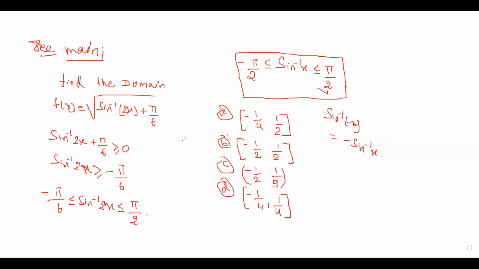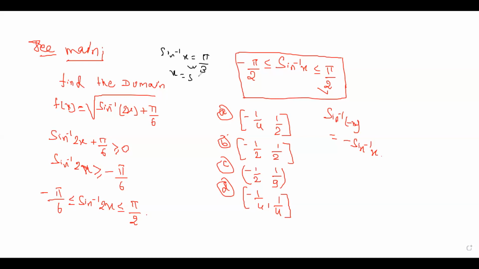So first of all, if you write sine inverse x is equal to pi by 3, for example, you know that you can write x is equal to sine pi by 3, yes or no?